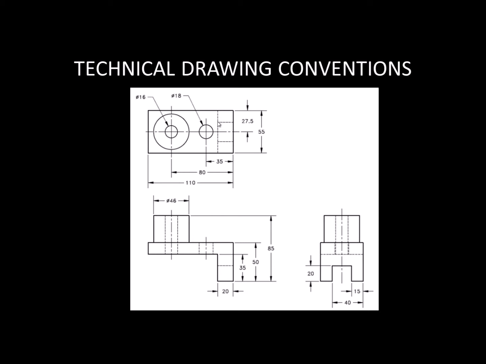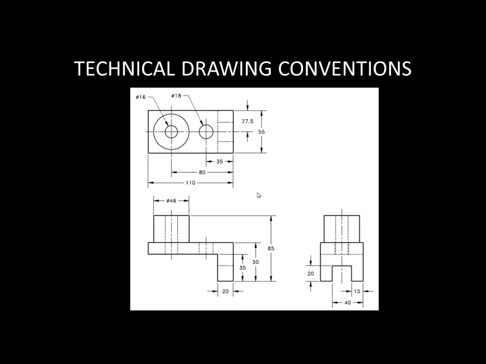Isn't that true? So now with the drawing, we're working with a picture. And if we change the kinds of lines we're drawing, if they're supposed to be hidden lines and we draw them with solid lines, or if they're supposed to be solid lines and we draw them with center lines, like here, that changes the meaning of the drawing.